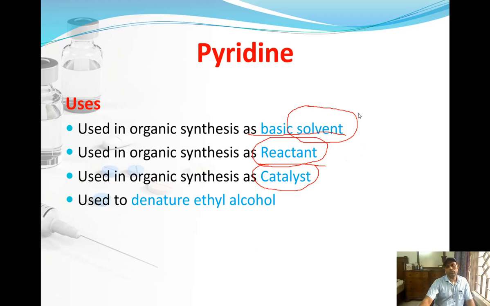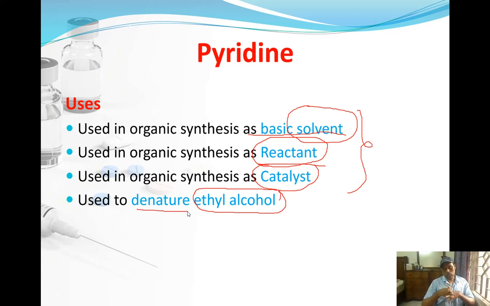It is widely used, and it is used to denature ethyl alcohol. Ethyl alcohol is your regular alcohol. What do you mean by denaturing the alcohol? Alcohol can be misused easily.